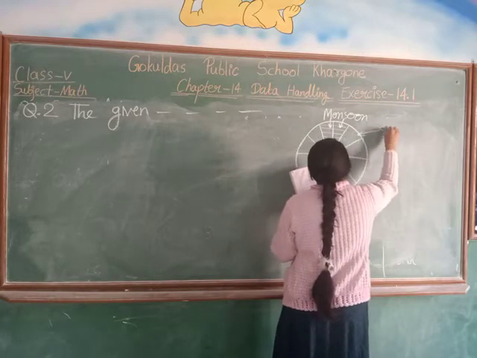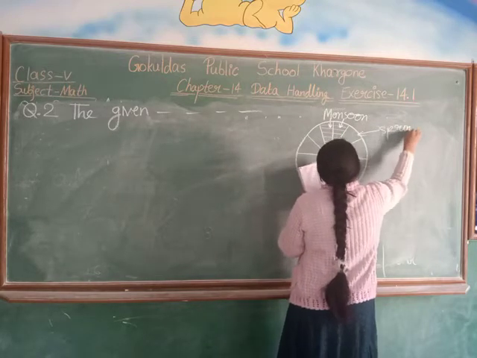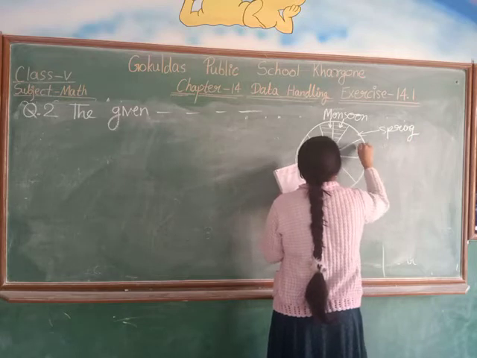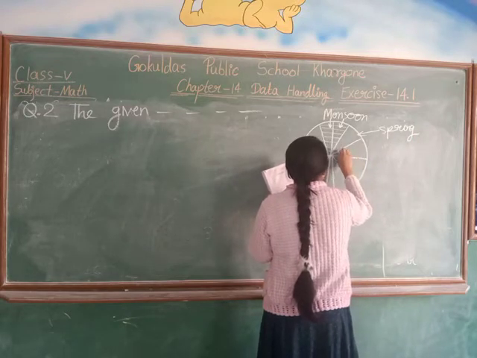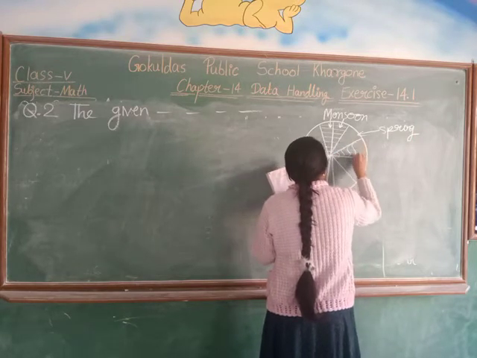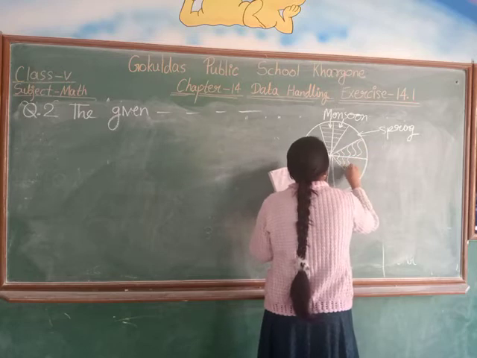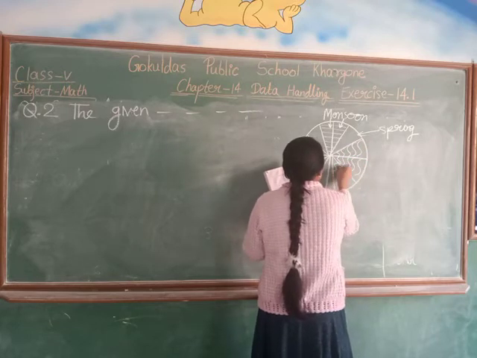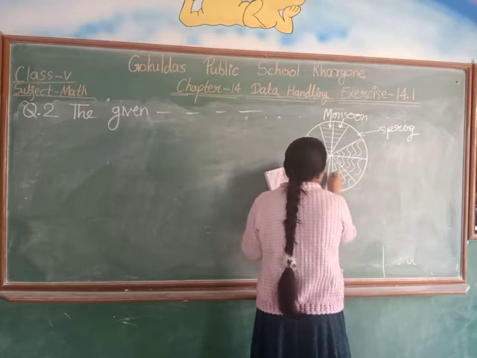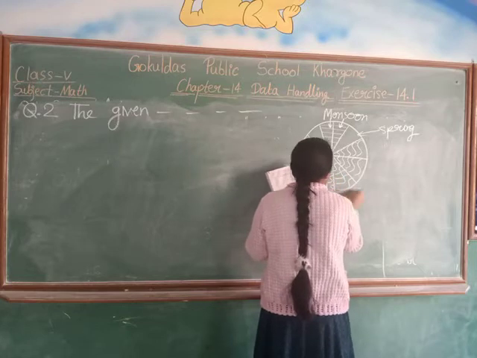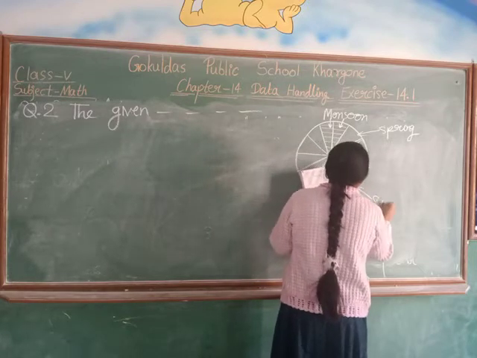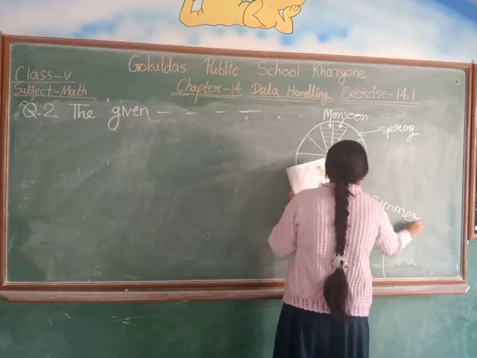This part is showing spring season. These 1, 2, 3 and 4 parts are showing summer season.